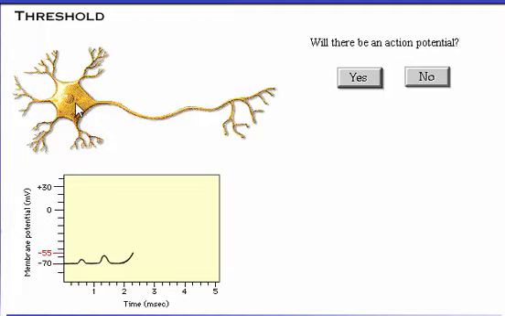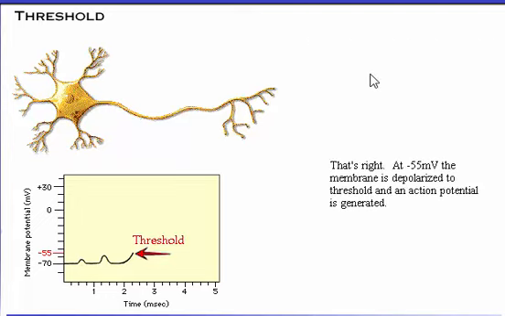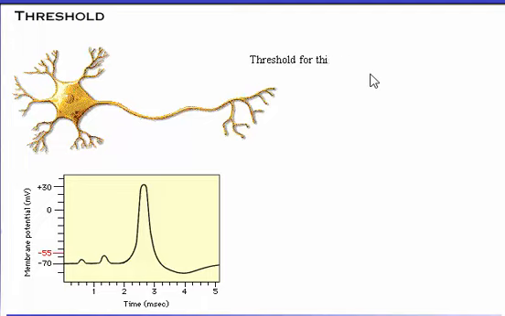Will there be an action potential? That's right. At minus 55 millivolts, the membrane is depolarized to threshold and an action potential is generated. Threshold for this neuron is minus 55 millivolts.